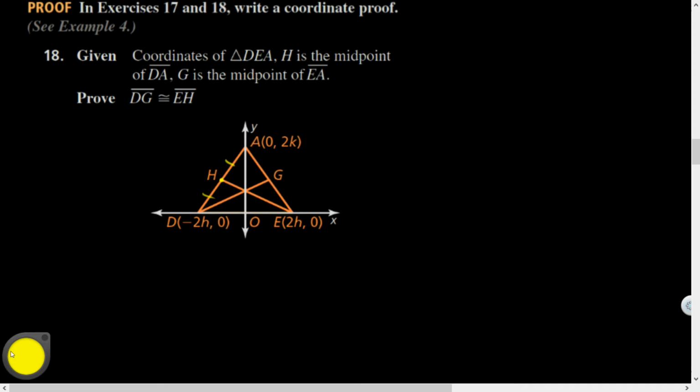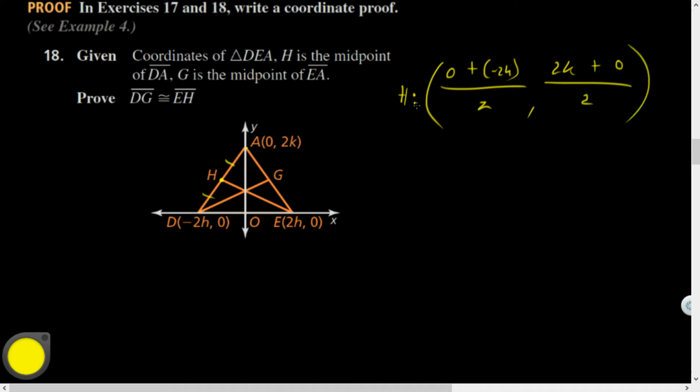So let's use the midpoint formula. So H is going to be the midpoint of AD. So the average of the x's is 0 plus negative 2h over 2. And the average of the y's will be 2k plus 0 over 2.